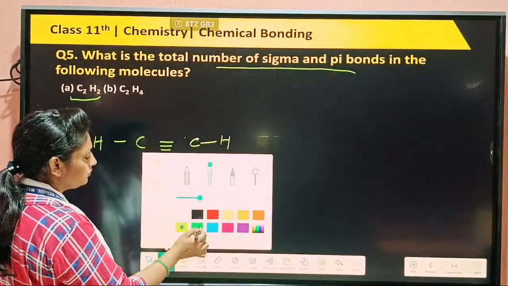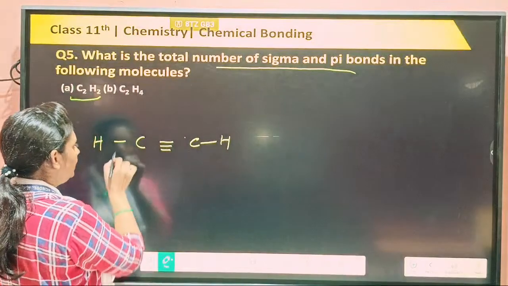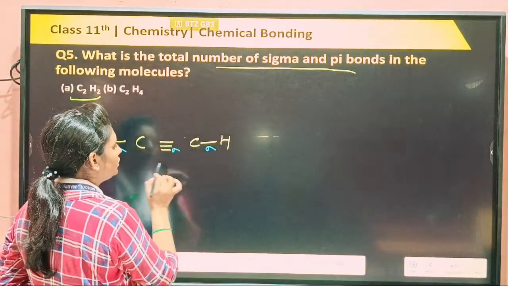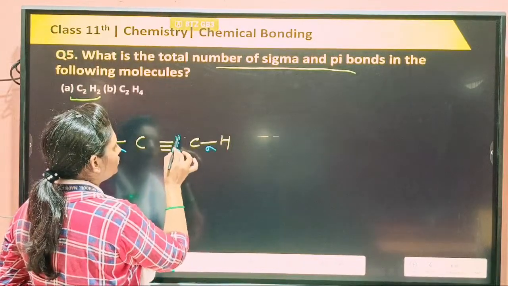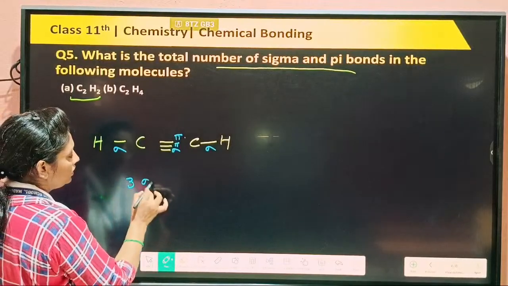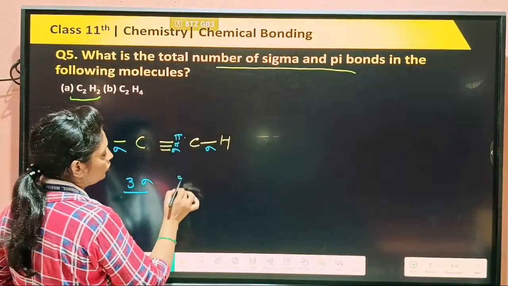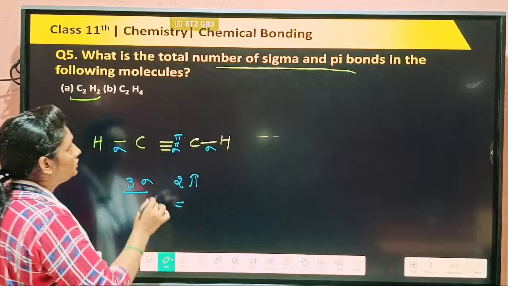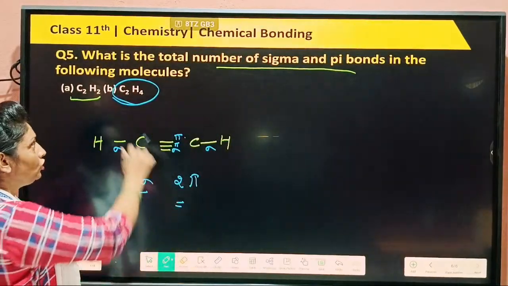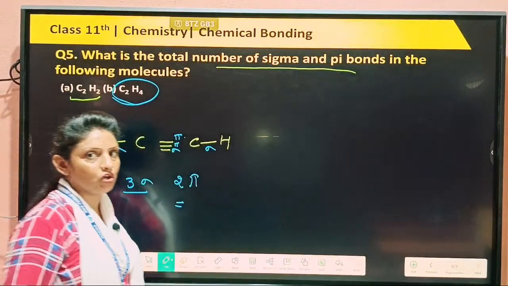Now count. Here this is a sigma bond, this is a sigma bond, and in the triple bond 1 sigma bond and 2 pi bonds. So 3 sigma and 2 pi. You can calculate the others in the same way, so this is your homework, you will try to solve it yourself.